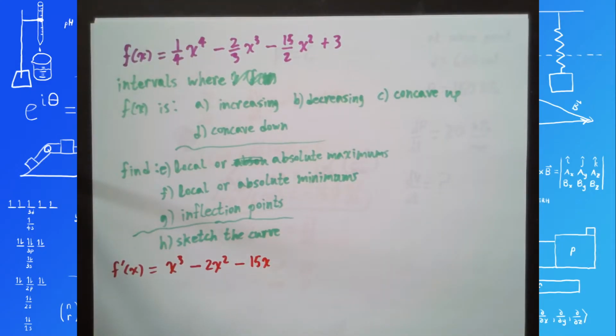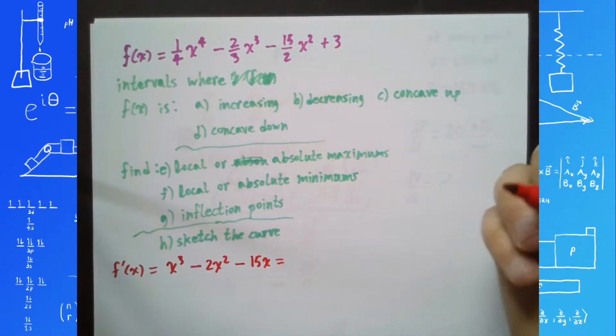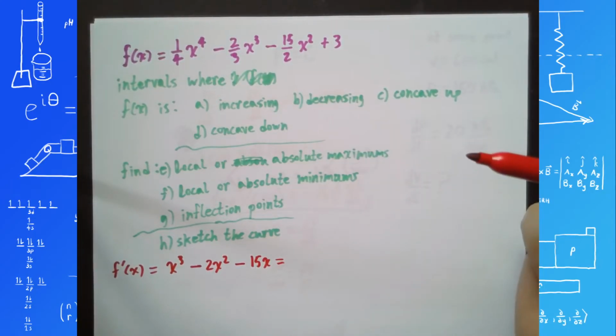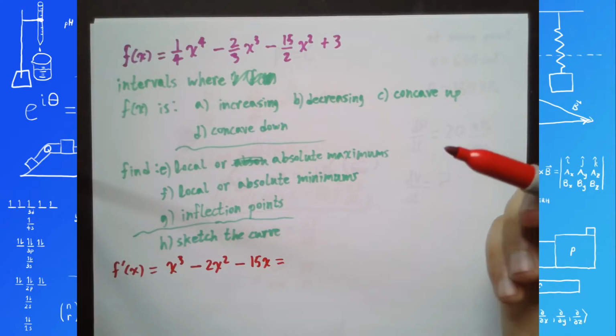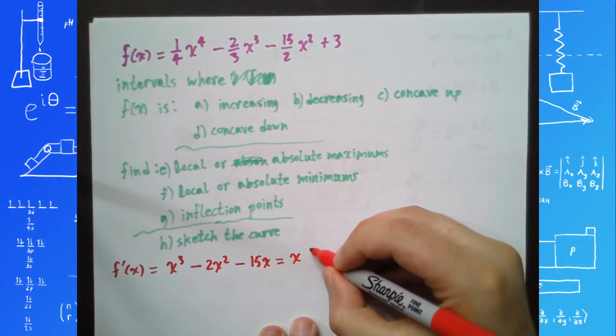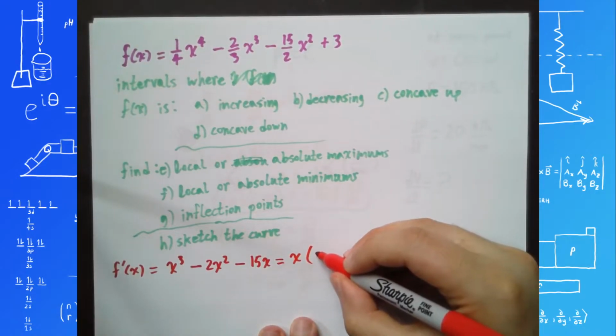Okay, so that's f prime of x, which I can factor, and we're going to want to factor it to figure out where f is increasing or decreasing. We need to find where f prime is positive or negative, and the best way to find out where it's positive or negative is to find out where it's neither positive nor negative. In other words, to find out where it is 0.